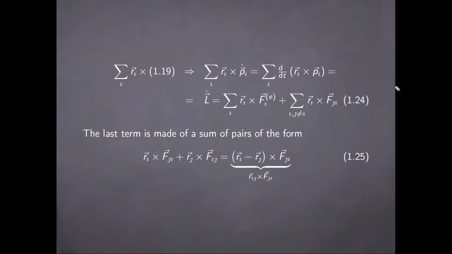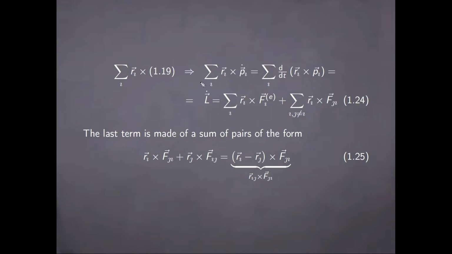If we want to study the conservation theorem for angular momentum, first of all we must write Newton's second law for a given particle, let's say particle I within the system. We take its cross product with the radius vector of the particle and then we sum over all the particles.